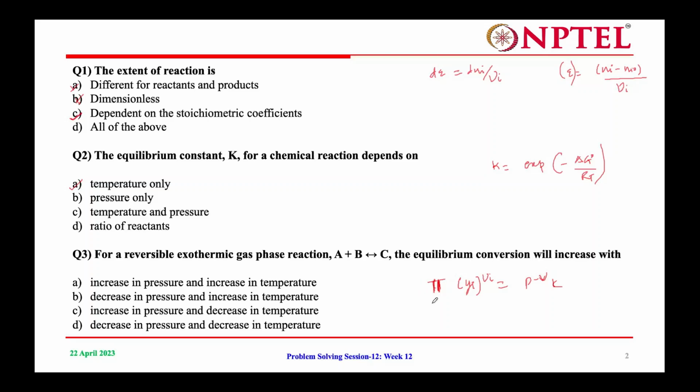This is the product notation. For example, Π from i equals 1 to 5, here is the i. So 1 into 2 into 3 into 4 and so on. The significance of this sign means product notation.